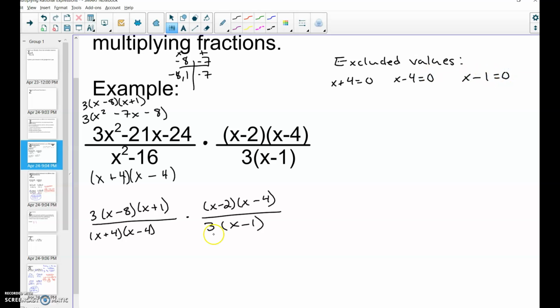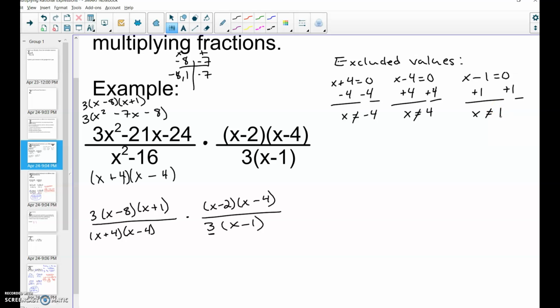I don't really care about this 3 because it doesn't have a variable attached with it. If it was a 3x, then I would care about it. But for right now, it's just a number. It doesn't matter for an excluded value. We're going to solve all of these for x. So I have 3 excluded values.